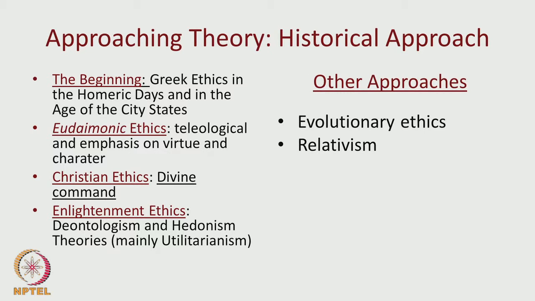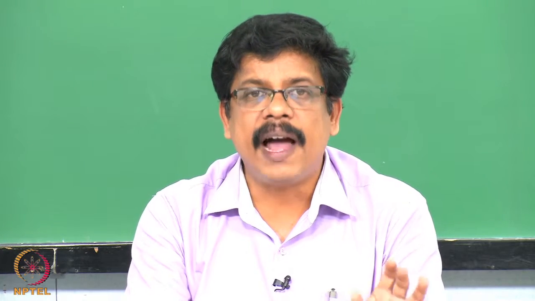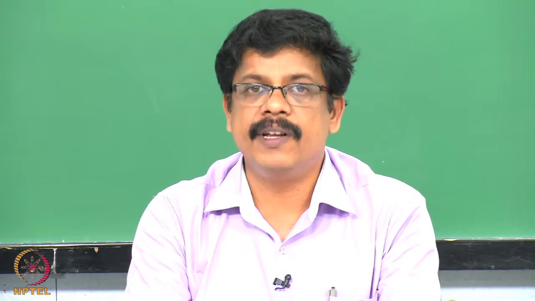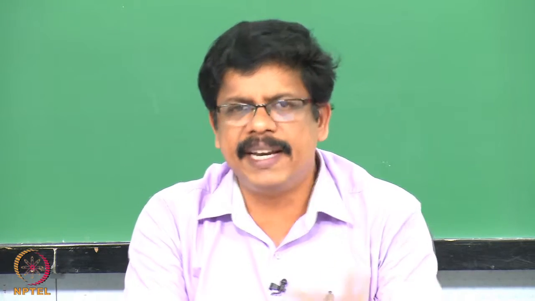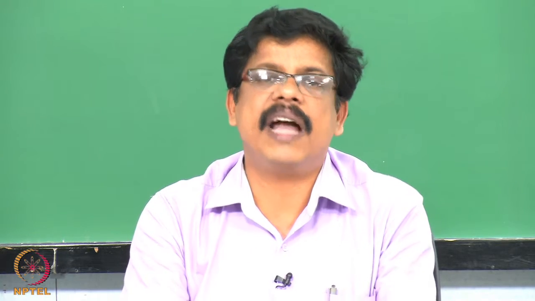Then relativism, which is a very interesting and important theoretical approach in ethics, because no one can deny the fact that certain values, certain conceptions of good and right, are relative from person to person and culture to culture. Then subjectivism. Subjectivism is a variant of relativism. Only thing is that it says that each individual subject is the standard.